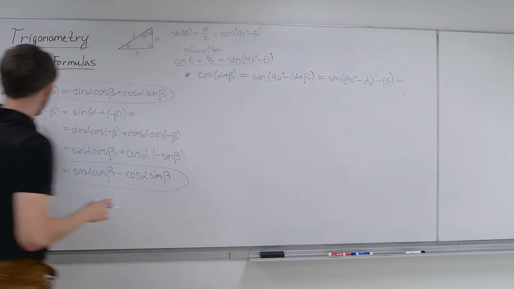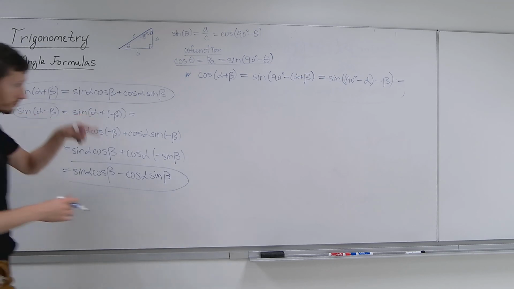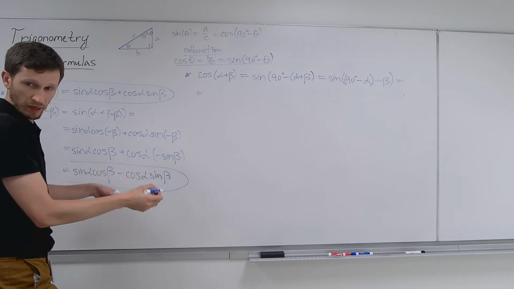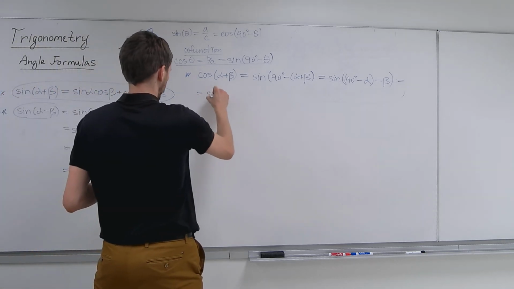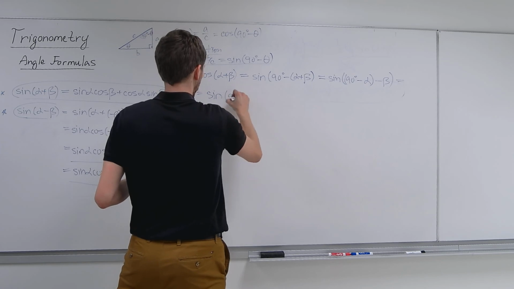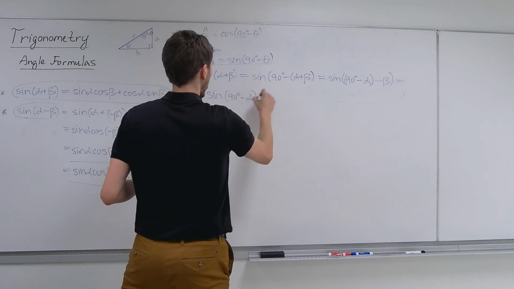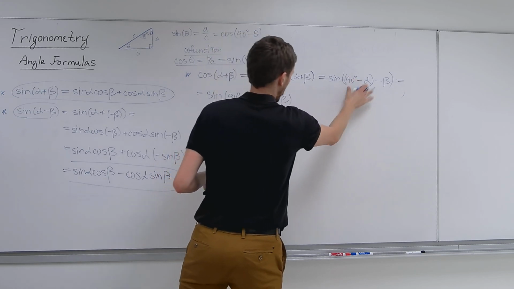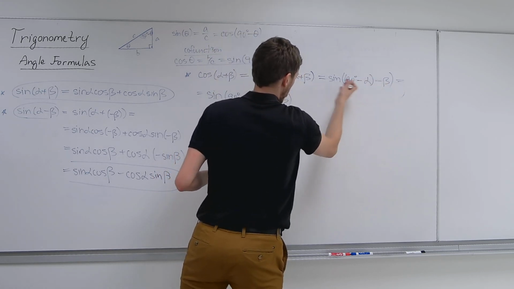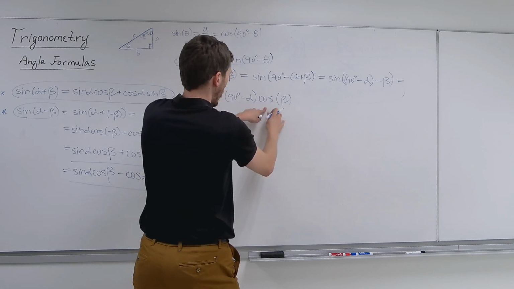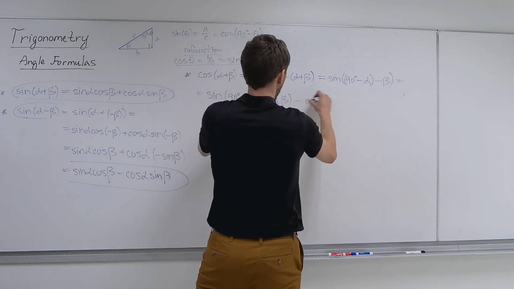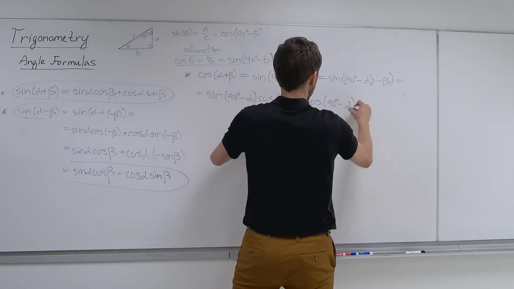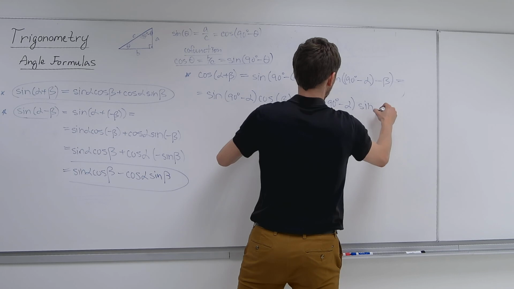We've done that, sine of an angle minus another angle. So look, it's equal to sine alpha cosine beta minus cosine alpha sine beta. So sine of the first angle, 90 degrees minus alpha, cosine of the second angle, which is beta. Something minus something, x minus y, is going to be sine of x cosine of y minus cosine of x sine of y, the second angle.